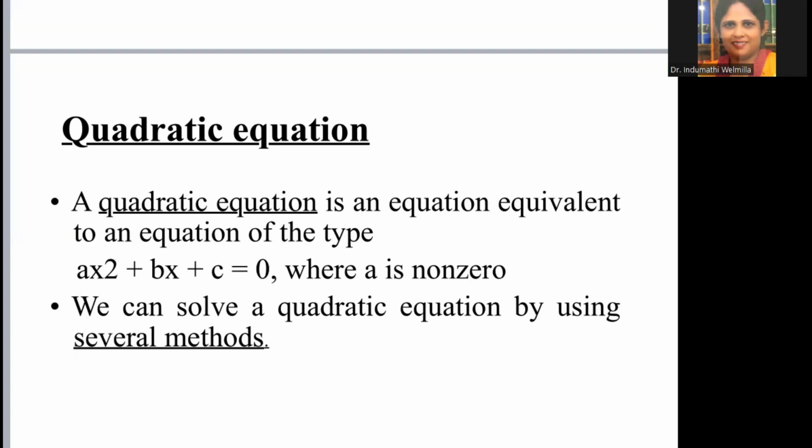First of all, it is better to understand what an equation means. Generally, in algebra, the definition of an equation is a mathematical statement that shows two mathematical expressions are equal. So an equation is a mathematical statement that contains an equal symbol. It should contain an equal symbol.